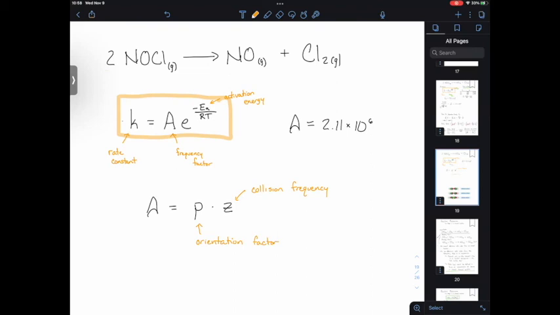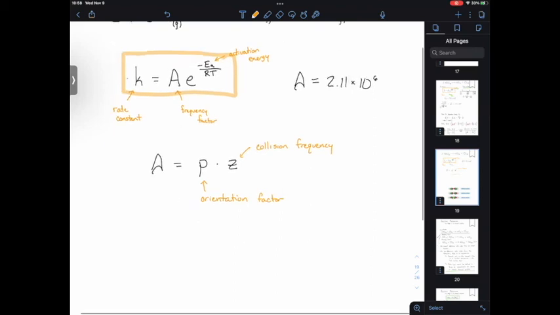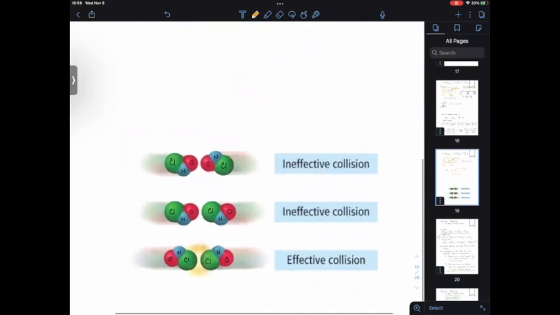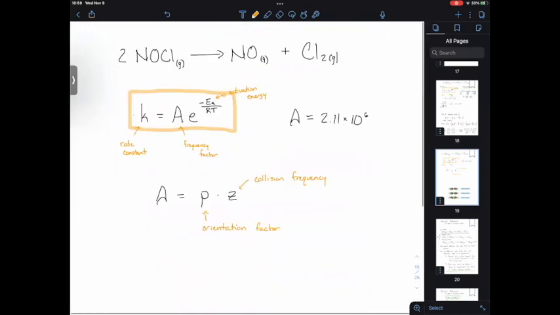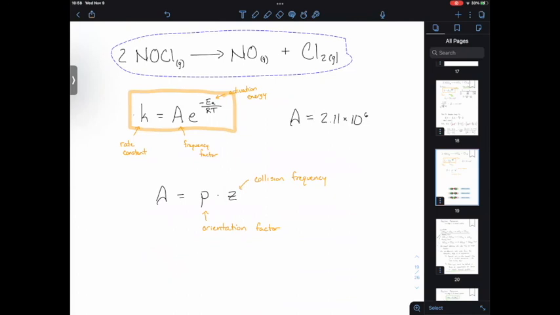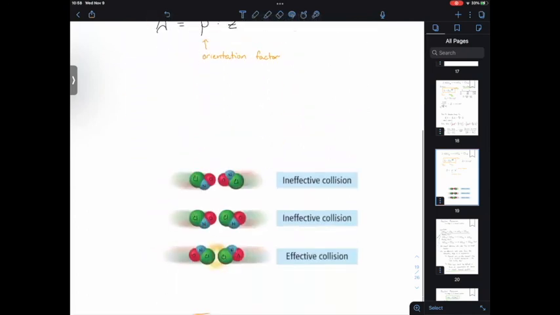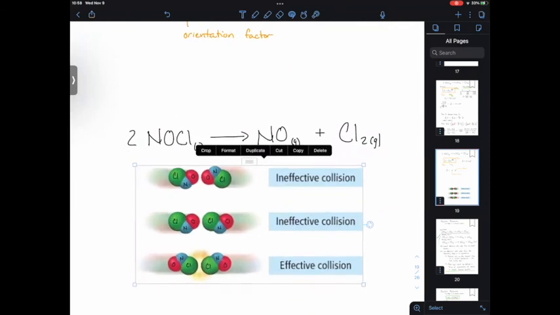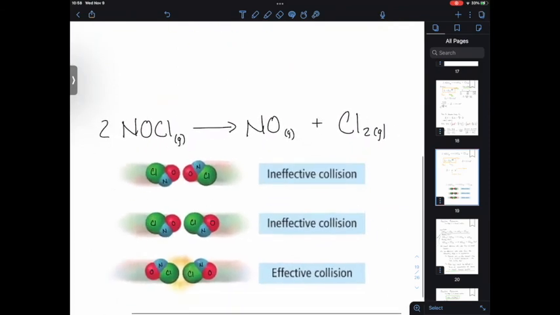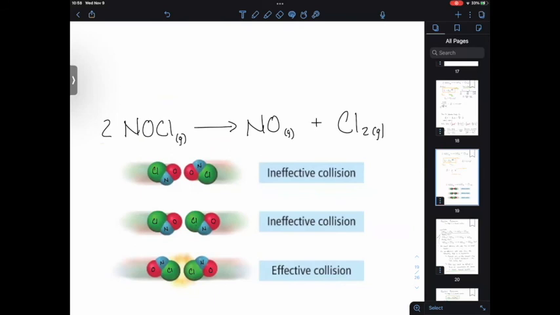All right, so what are these two components here? So first of all, when we take a look at a chemical reaction, again, this is our reaction here. In order for this reaction to occur, there's got to be collisions between these reactant molecules, right? So they're in the gas phase, they're flying around, they're going to every once in a while smack into one another, all right? And a reaction will occur at that collision.